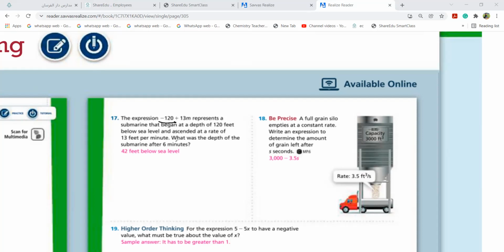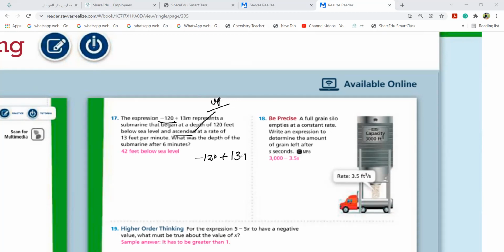And ascend, what is the meaning of ascend? Ascend means going up, ascend means increasing, while descend means decreasing, at a rate of 13 feet per minute. So minus 120 plus 13 feet per minute, and 1 minute is m.